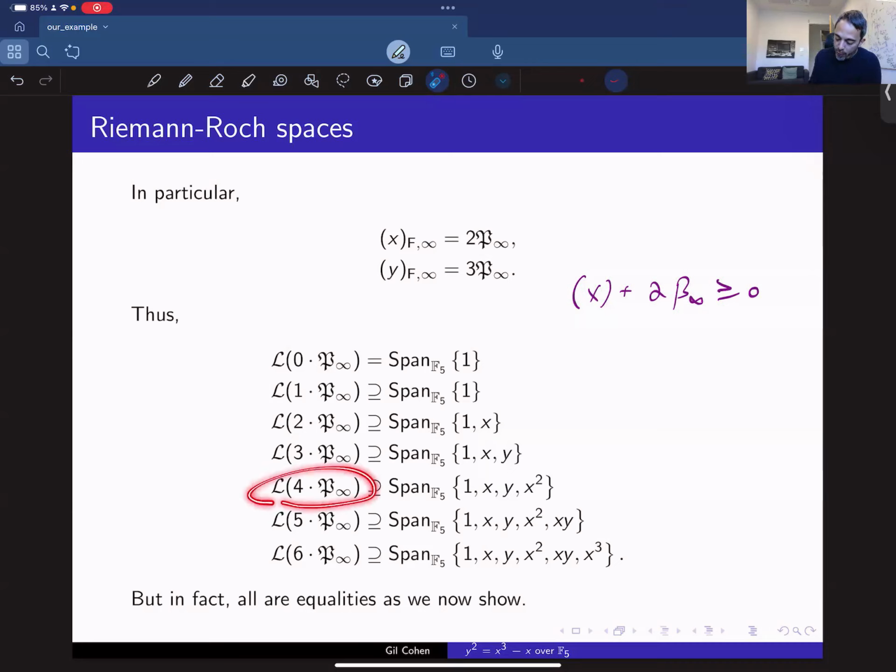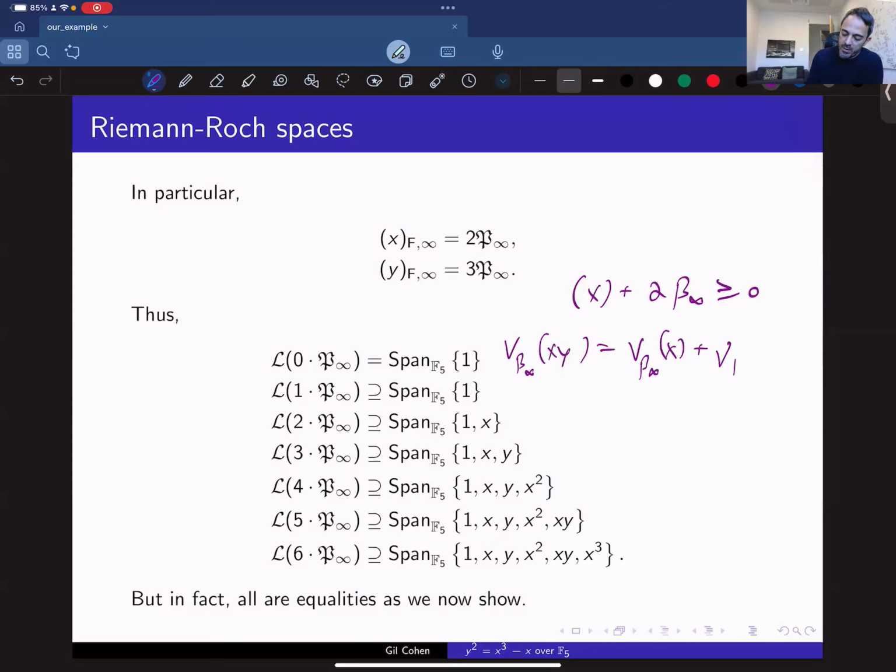And right, in 4, you can actually get also on top of this 3, you could get x squared, right? Because when you square x, you multiply this by 2. And in 5, you can also adjoin xy, because the valuation at infinity of xy is the valuation at infinity of x plus the valuation at infinity of y, and this is 2, and this is 3, so it's 5 altogether, and so forth.